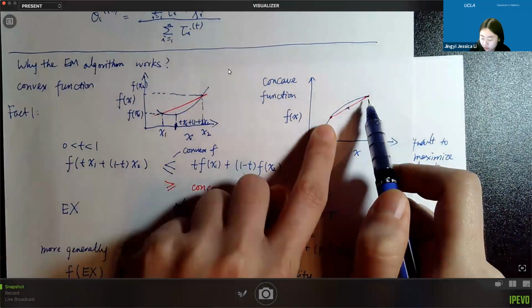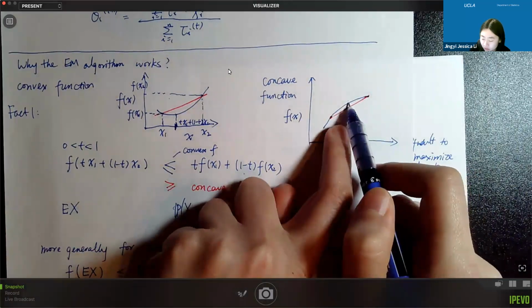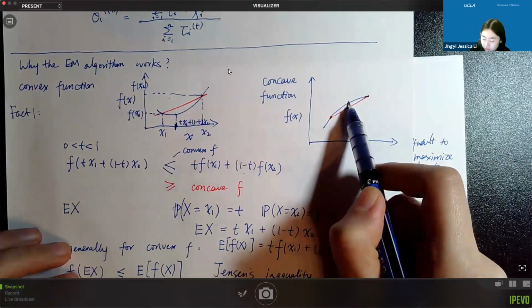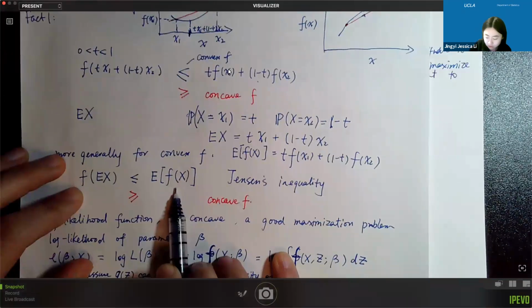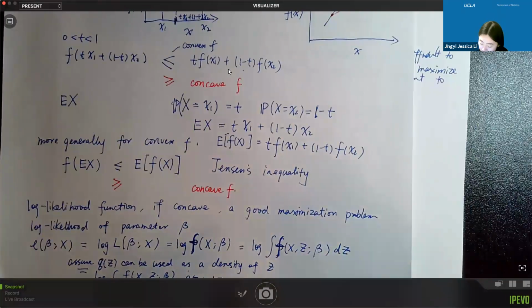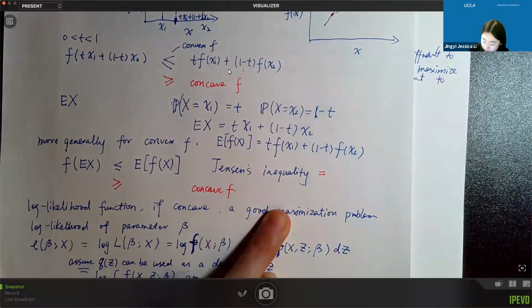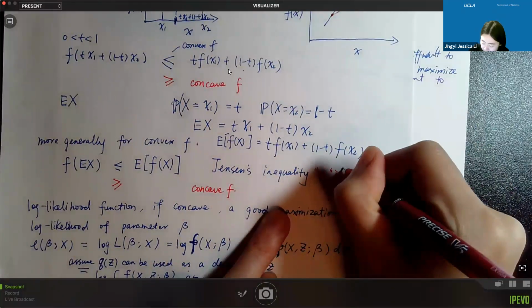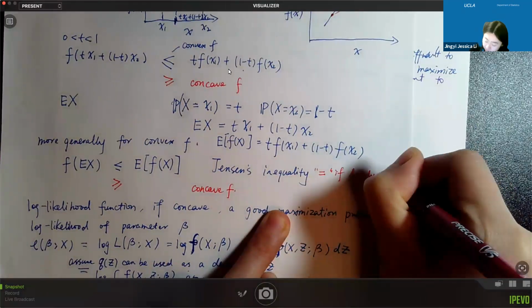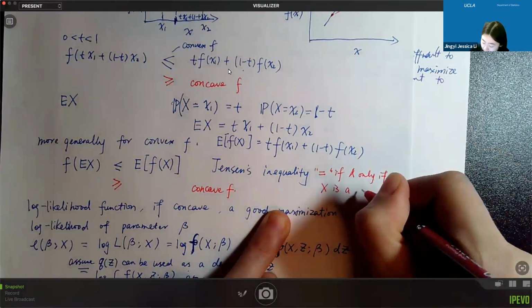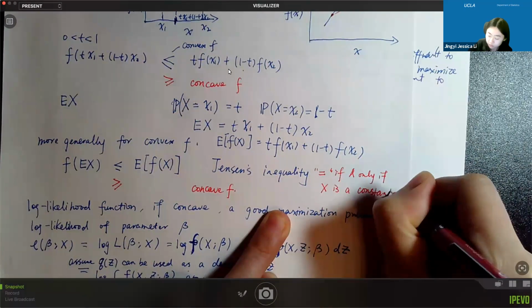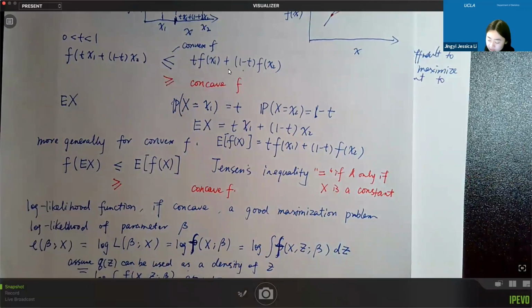You can imagine if we shrink the line to a point, then the line and the point on the curve coincide, they collide. So that means we have equality. In other words, Jensen's inequality becomes equality if and only if our x is a constant, which means x is not a random variable, so the expectation does not change it.